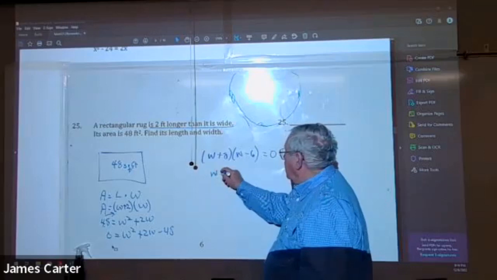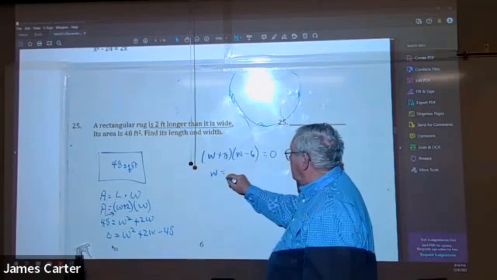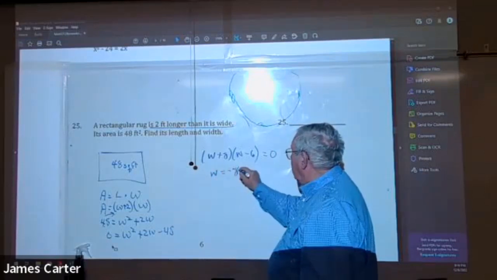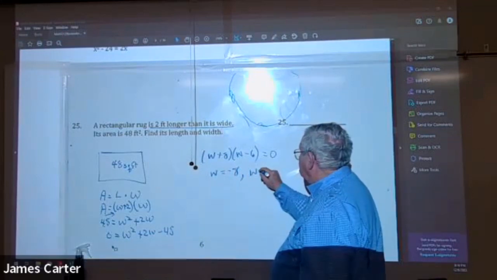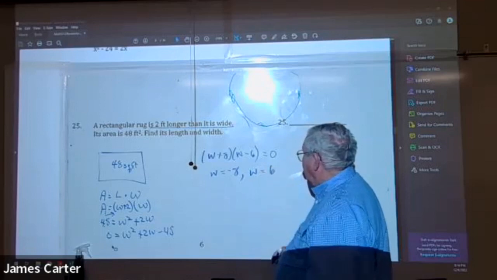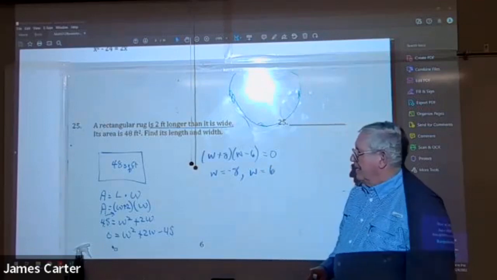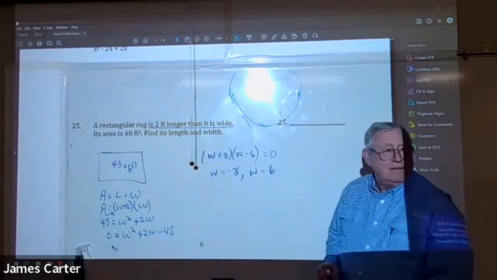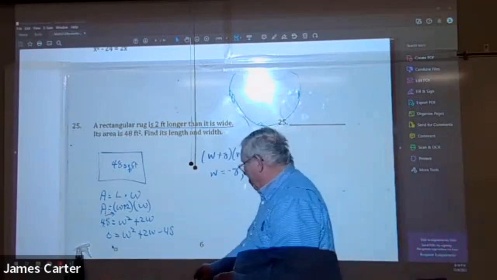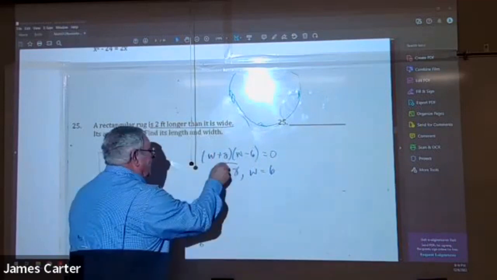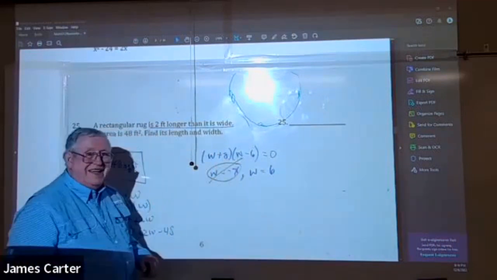So I get W equals negative 8, and W equals positive 6. Ding. Can't have negative distance.